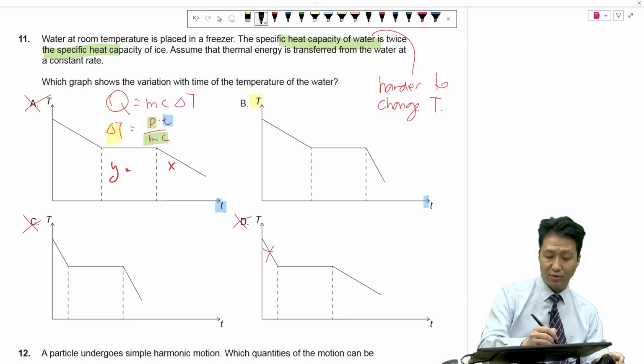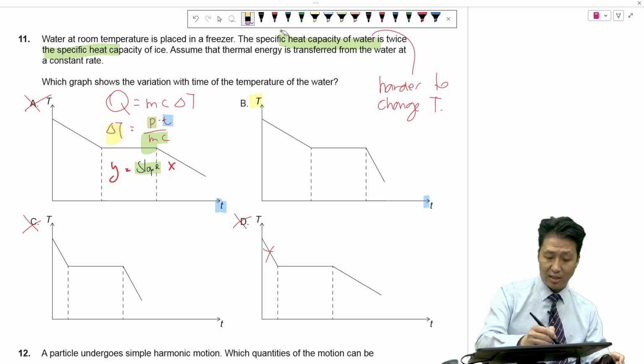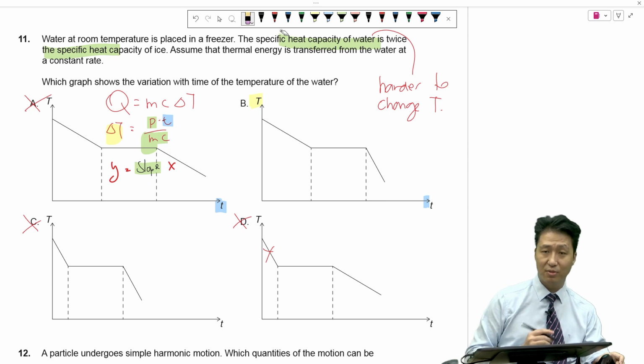So we should put slope here like this, because m is already occupied as a mass. Increasing heat capacity makes the slope smaller. Decreasing heat capacity makes the slope steeper.